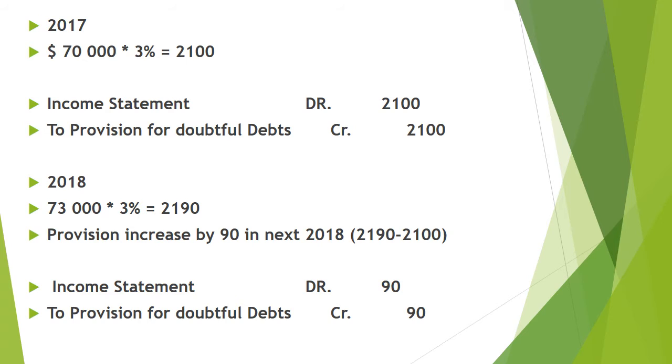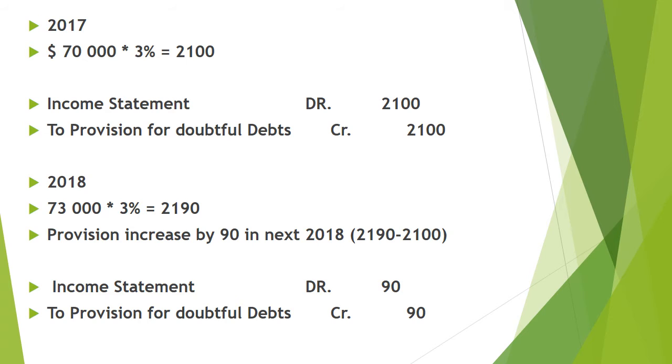2,190 less 2,100, because we have already balanced 2,100 and the current year's total provision is 2,190, so we need only $90 to increase this provision.